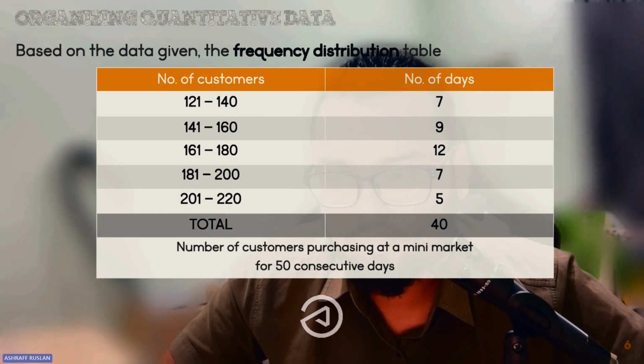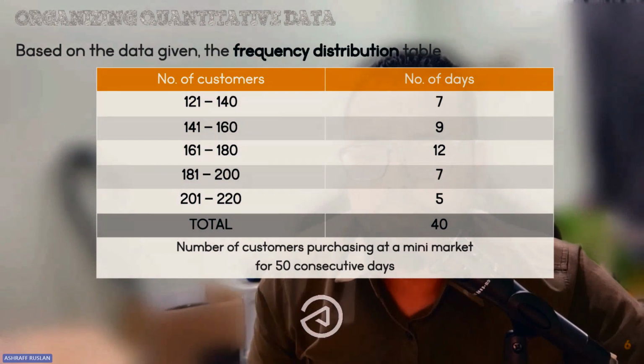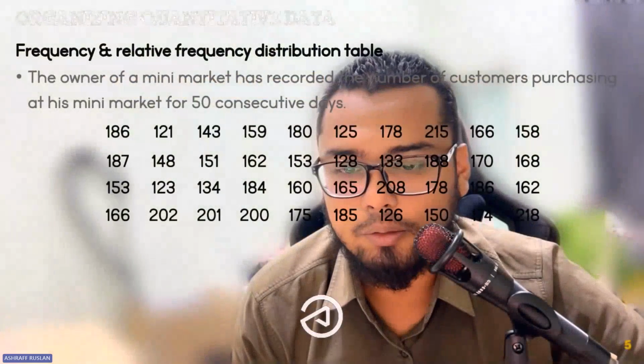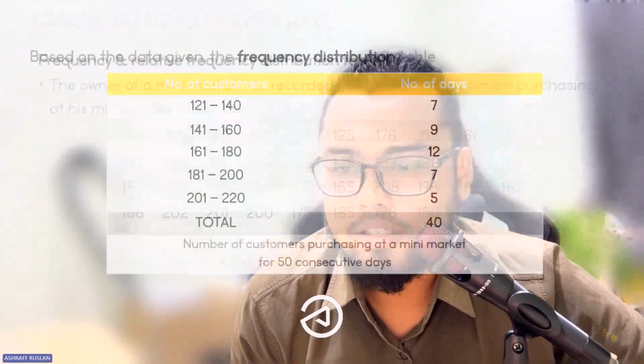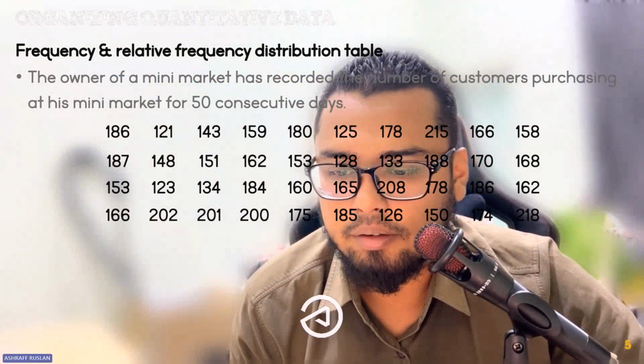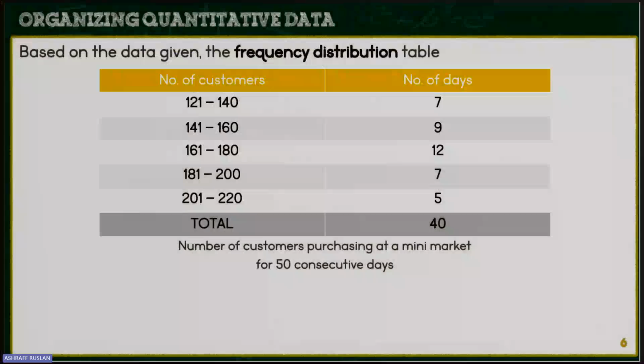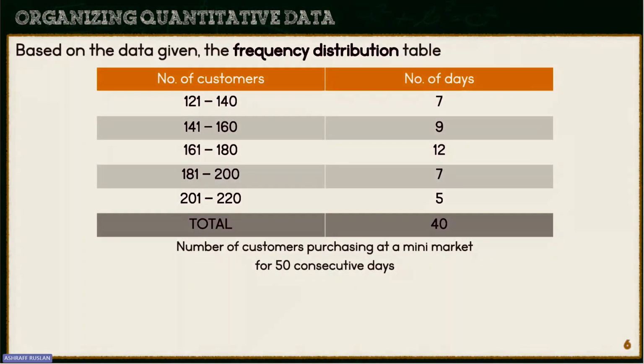Alright, and then he continues until habislah jumlah customer yang ada kat situ. Kalau kita tengok sini, maximum is 218, I think. Yes, 218 is the maximum. So class 220, the upper limit should be enough lah to cover that number of customers.